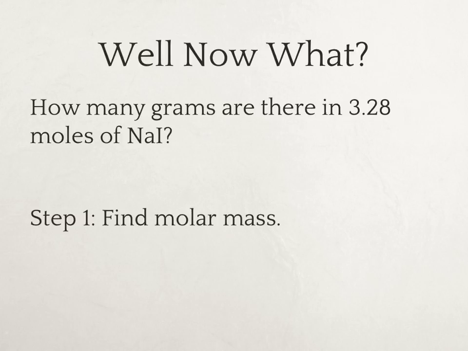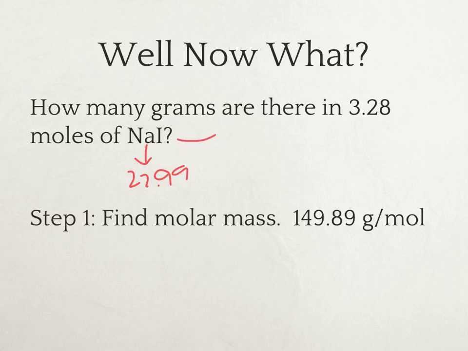Well, your first step is to find the molar mass, which 1 sodium and 1 iodine is equal to 149.89 grams per mole. So 1 sodium is 22.99 grams per mole, and 1 iodine is 126.90 grams per mole. Add them together, you get 149.89.